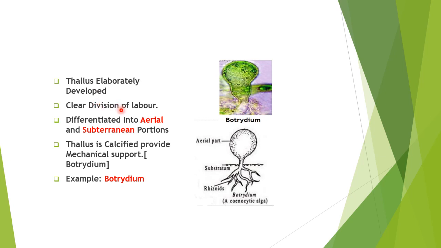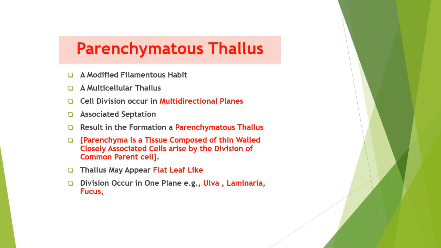There is a clear division of labor: a portion below the substratum and an aerial part, differentiated into aerial and subterranean portions. Here the thallus is calcified and provides mechanical support. So it has calcification, but otherwise it has a prostrate system and an aerial system also, as is seen in Botrydium. These are some of the examples of filamentous and heterotrichous forms.